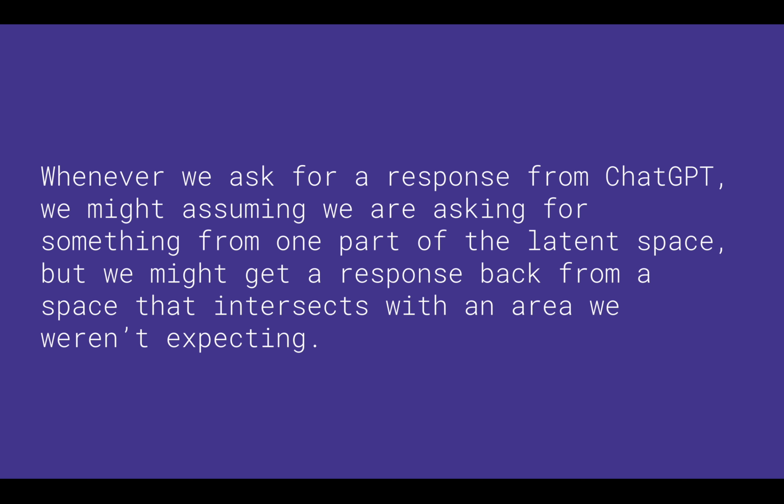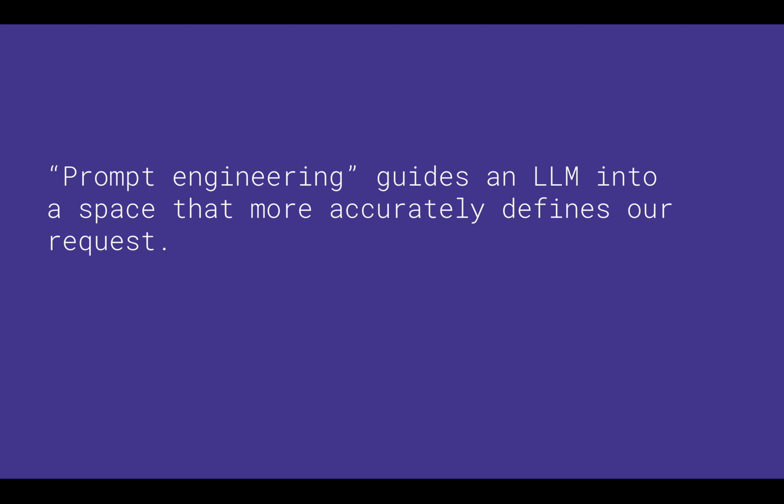We describe these in machine learning parlance as entangled spaces, meaning the spaces are not clearly separated out, and sometimes when you dig through them, you get a messy mix of different concepts. And so prompt engineering is essentially the concept of us guiding this model to the most accurate part of latent space. So instead of having a very generic output, we provide a little bit more detail and some other phrases that help guide it into that right section.